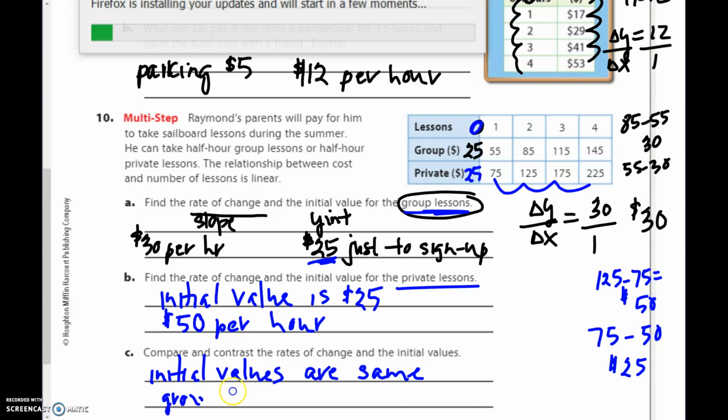Group lesson is cheaper because that group lesson is only $30 per hour, and privates are $50 per hour. All right, I hope this explanation helped and gave you a good review of lesson 4-2.